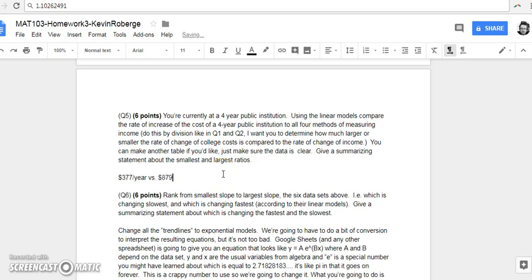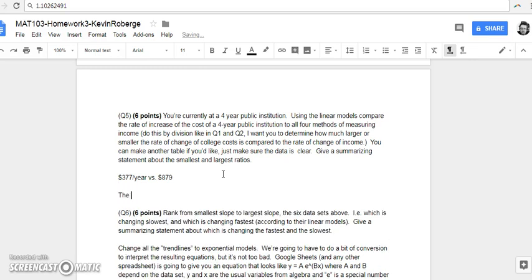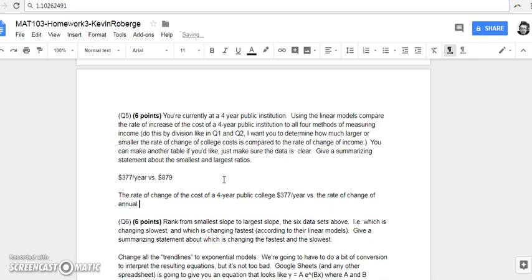So as an example, we could say something like the rate of change of cost of a 4-year public college is $377 per year versus the rate of change of annual wages as derived from median hourly wages, which was I think 879.